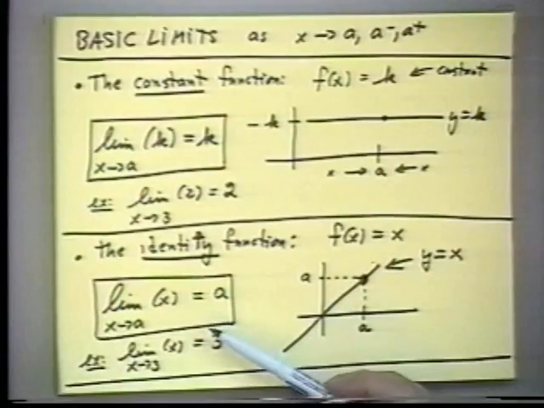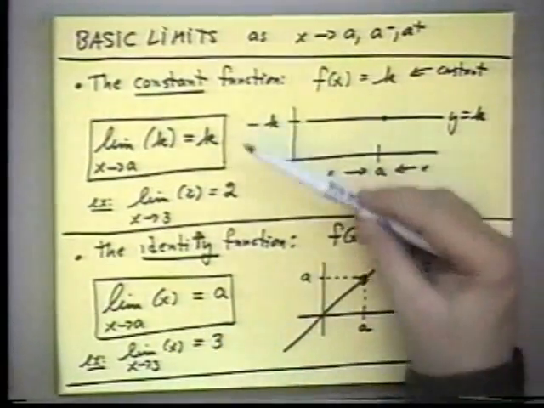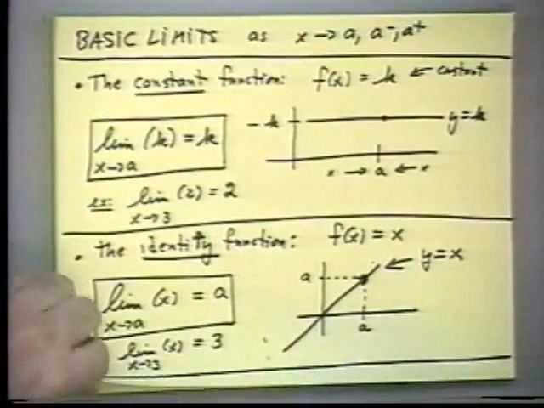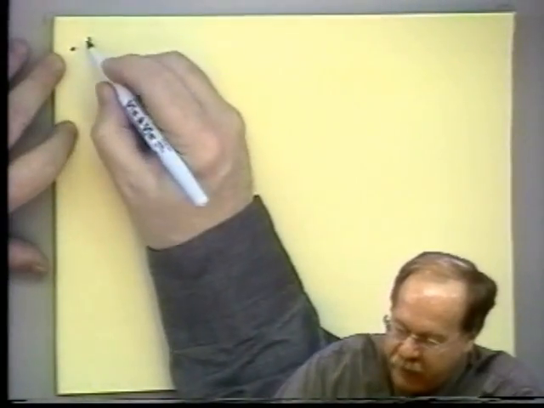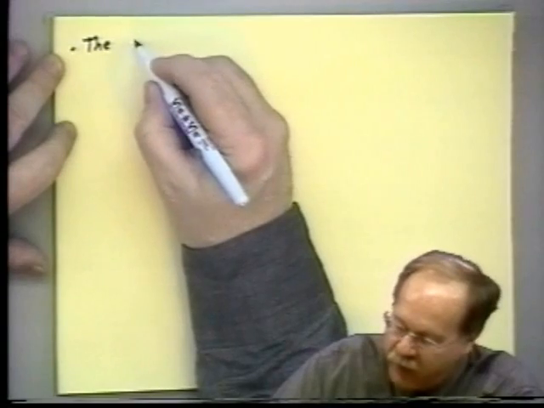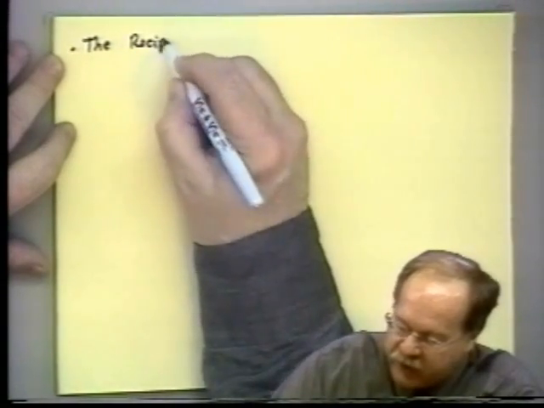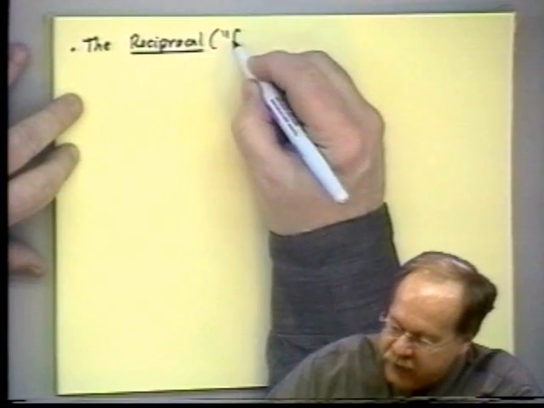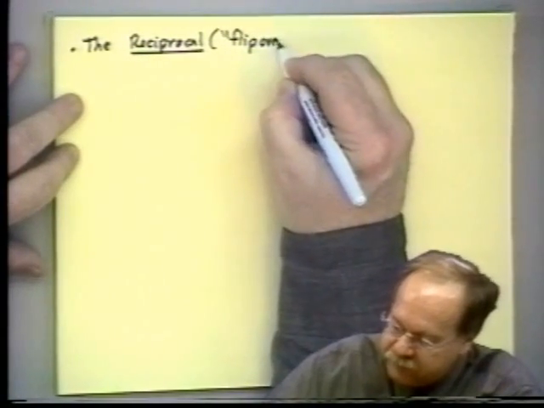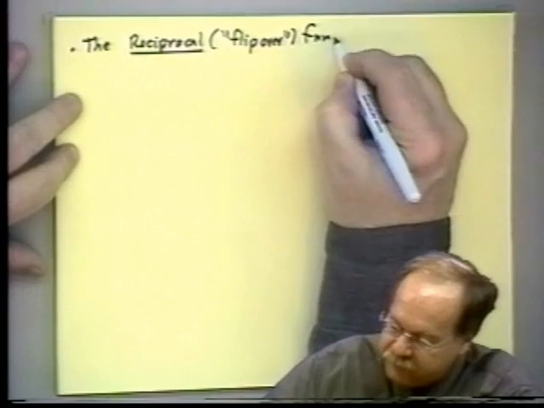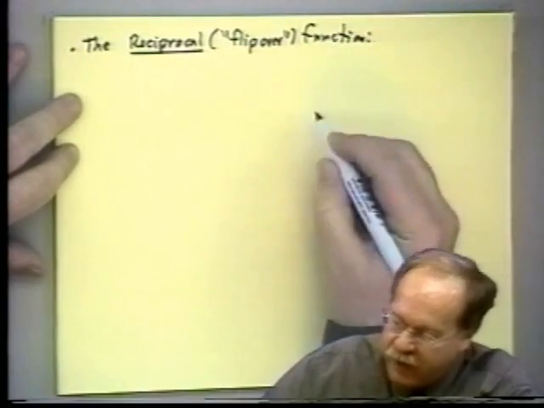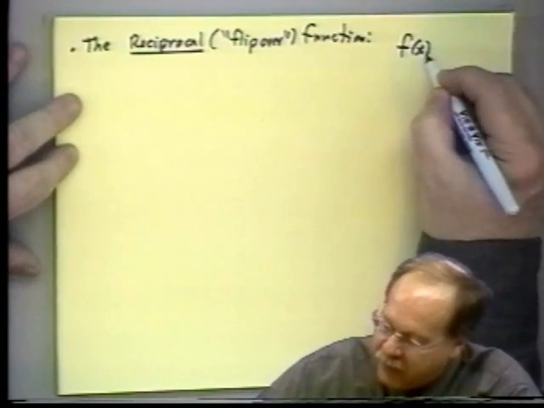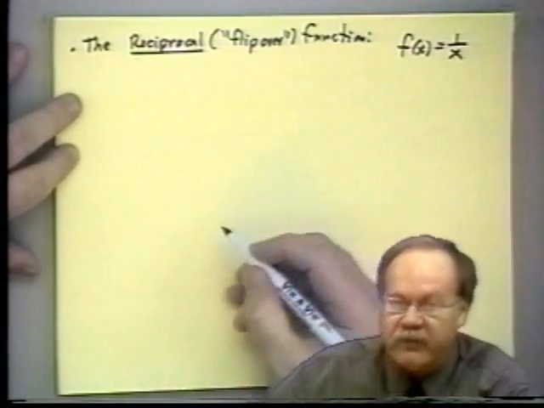But we have to start somewhere, so we've started at the bottom, and we have some basic limits now to work with. There's one other basic limit we'll go ahead and say something about now. This is what might be called the reciprocal function. Or if you don't like the word reciprocal, you could say it's the flip-over function. And you know what? This is the function we've been talking about at length. F of x is 1 over x.